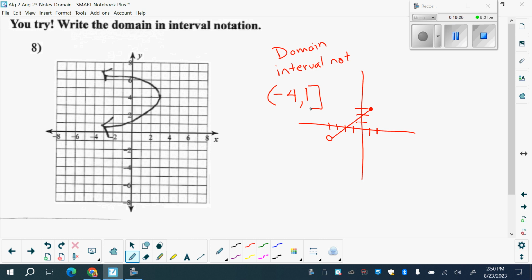Is this right? Oh, wait. This side? Oh, this one? So you're trying to find the domain of the x. If you start on the right side, that's the parentheses because the arrow keeps on going.